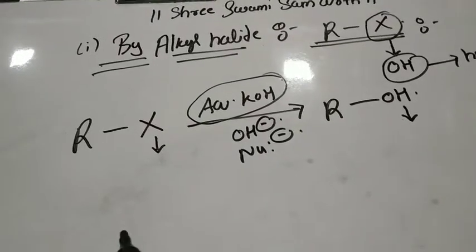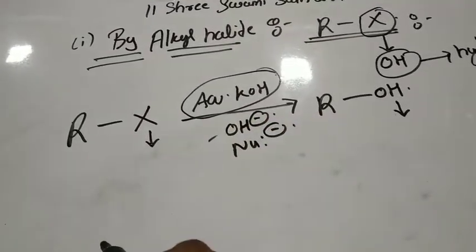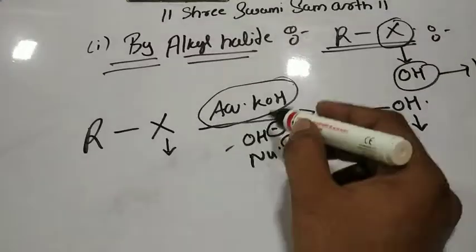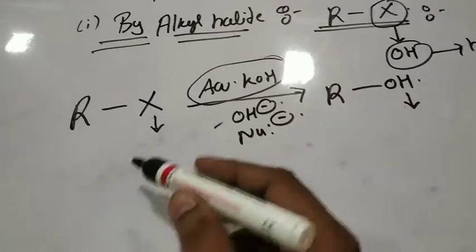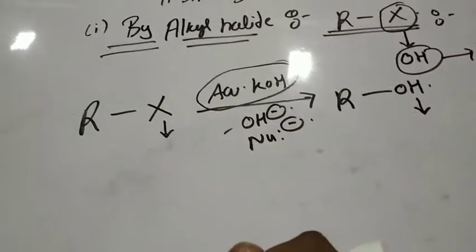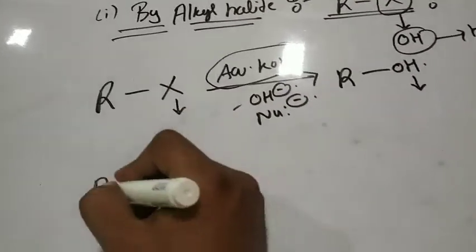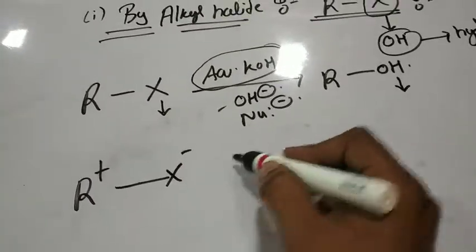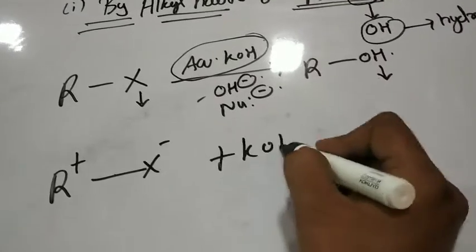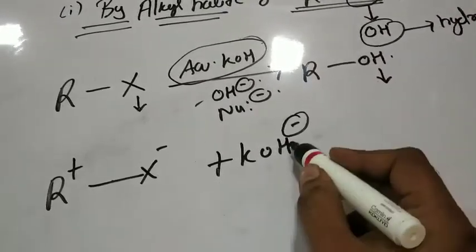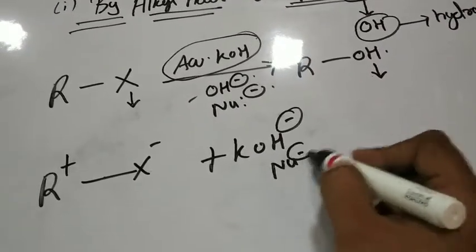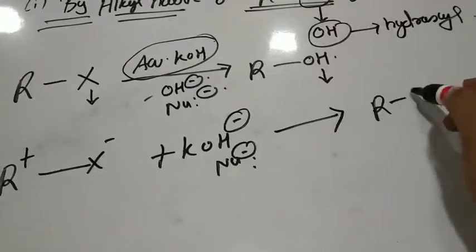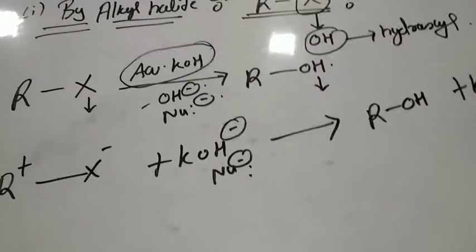A nucleophile is a substance which contains a negative charge. So OH minus is the nucleophile which will attack on this substrate and it will leave X minus. So in the reaction, this is R plus X minus, then plus KOH, where OH minus acts as the nucleophile. Then when it is treated, it gets converted into ROH plus KX.